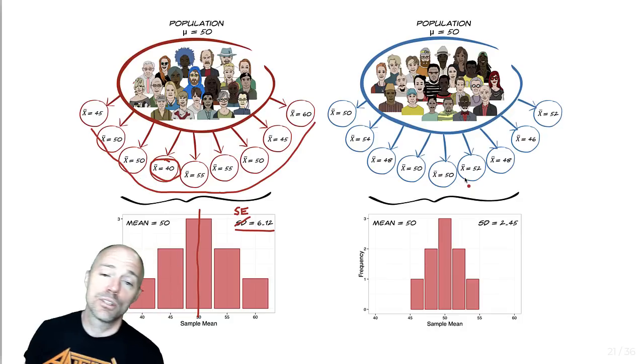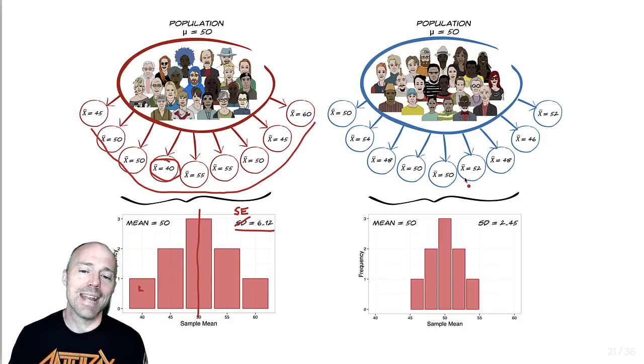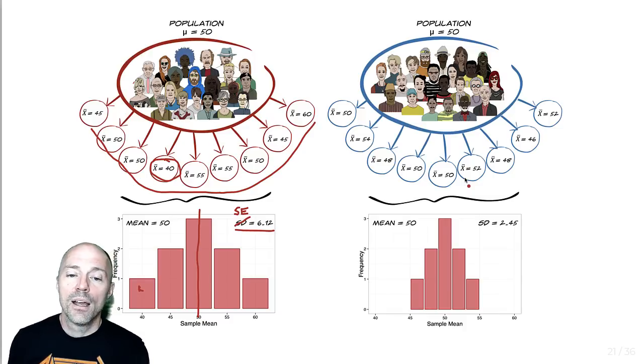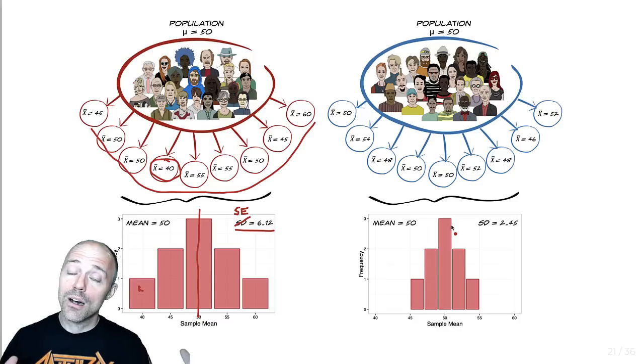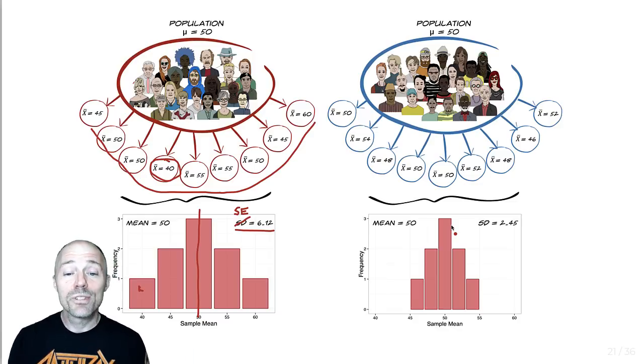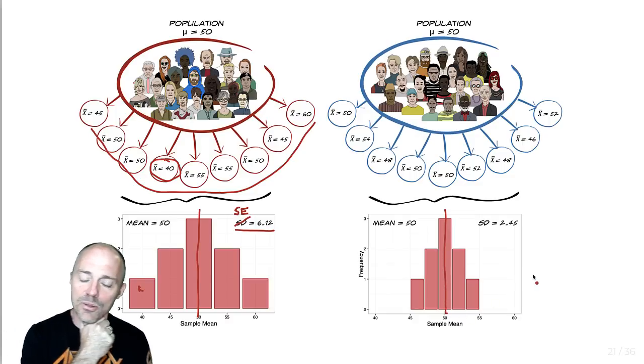So the spread of estimates across samples is much narrower, which means that our sample estimates are closer together, and it also means that they are closer to the population value, because again, the population value just splits this right down the middle.